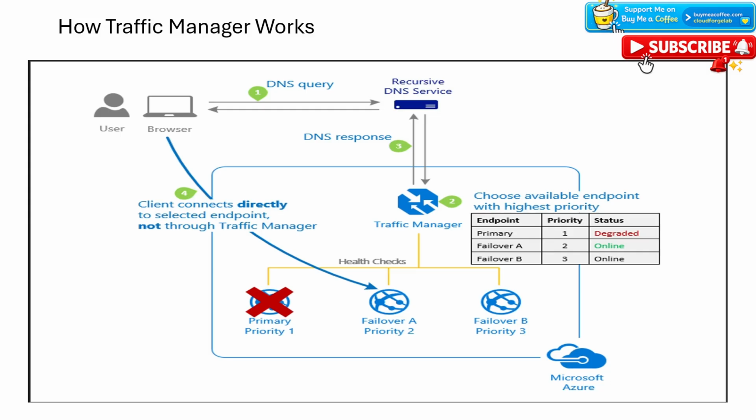Now, the client uses that IP and connects to that endpoint or that application directly. The traffic does not flow through the traffic manager itself. This is a very key point when you are discussing Azure Traffic Manager.